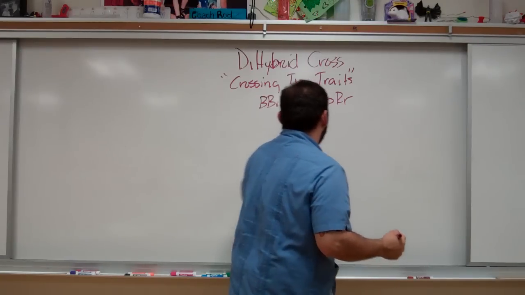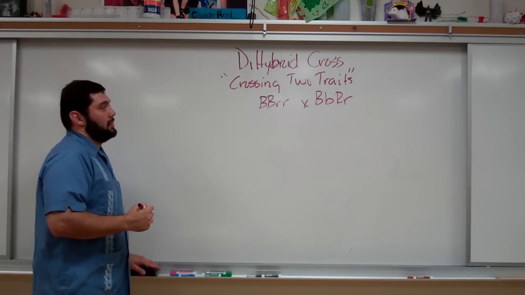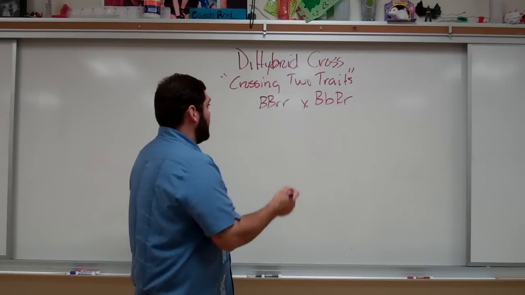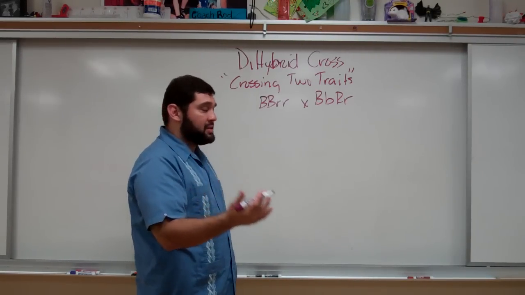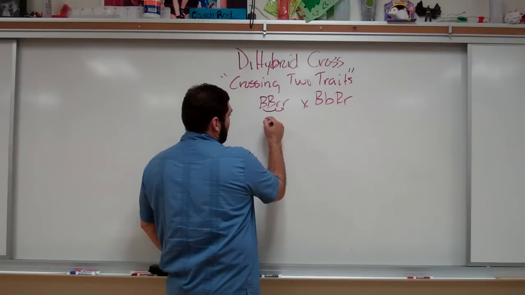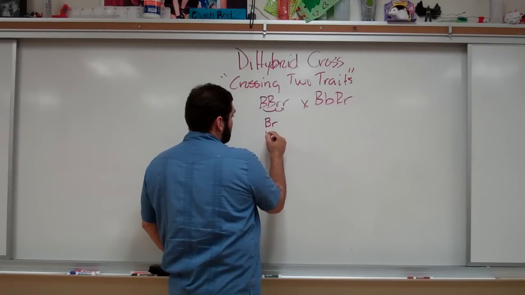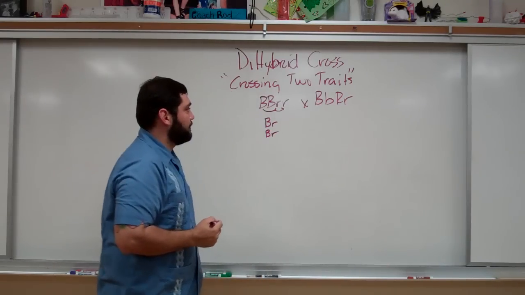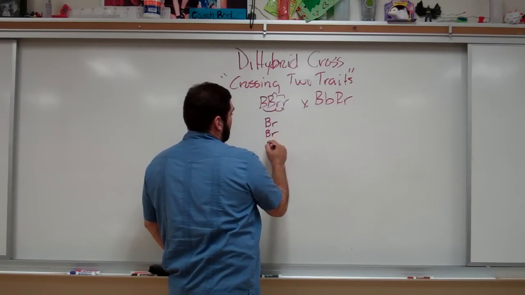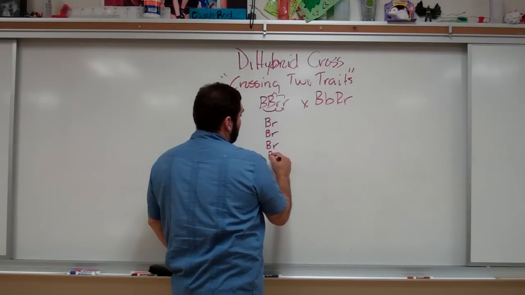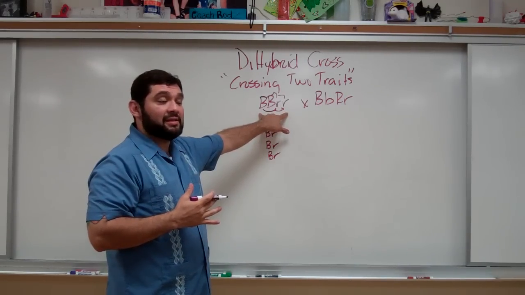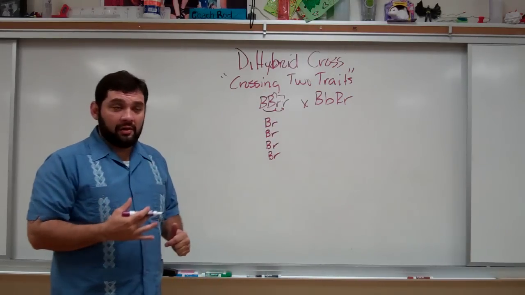Now, in order to put each trait in a box, you're going to have to do it this way. In order to get your genotypes, you're going to cross the first trait with both of the second traits. So you're going to end up with this and this. Then you'll do the same thing with the top one. So again, the possibilities for traits from these 2 crosses are these 4 genotypes.